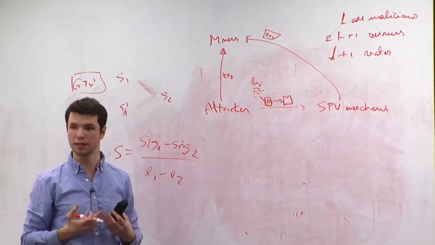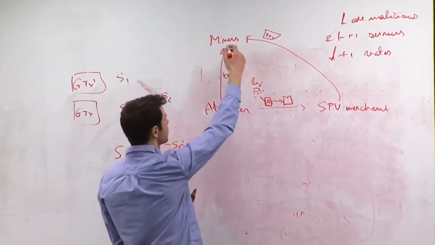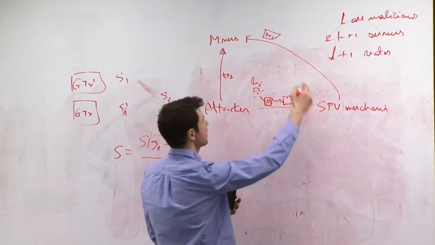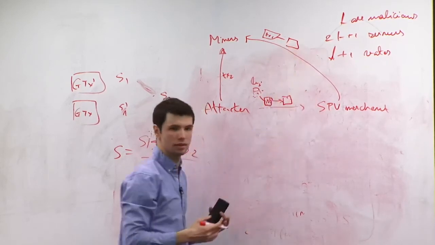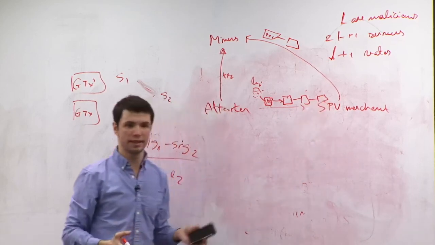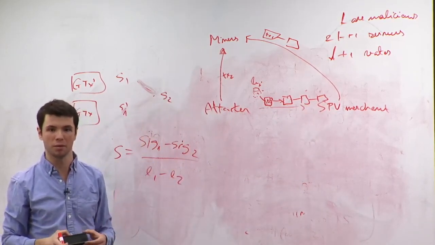Full nodes do that. When they hear about a block, they broadcast it. So now the miners know about this block. They're going to continue mining on top of it. And in fact, the merchant will send both blocks to the miners. So now miners will continue building here. So now the attacker has a bit of a tougher problem on his hands.